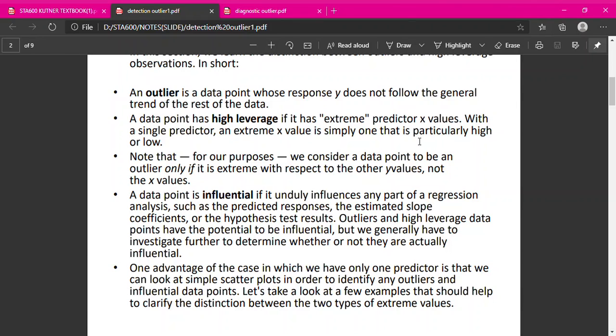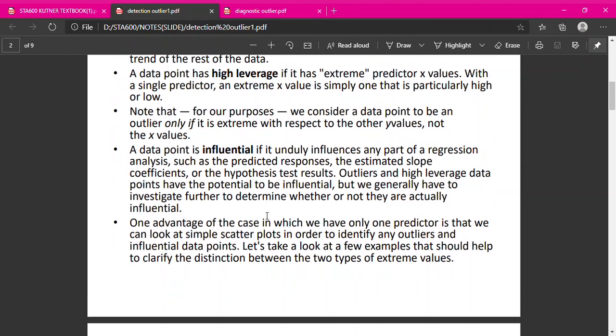Okay, kita dah tahu outlier, kita dah tahu high leverage. Kita dah tahu pula whether outlier dan high leverage ni adalah influential observation ataupun tidak. A data point is influential if it unduly influence any part of a regression analysis. Okay, such as predicted responses akan berubah, the estimated slope coefficient yang positif jadi negatif. Okay, so itu influence. Maksudnya that data point sama ada outlier ataupun leverage tadi influence the regression analysis.